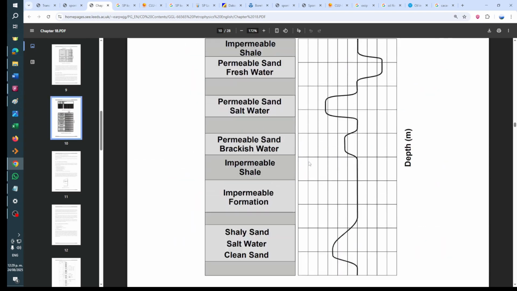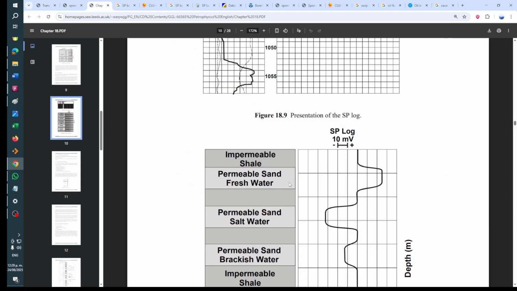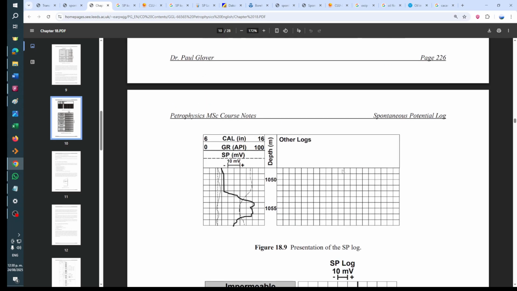And also here, if we have fresh water, then the ions will move and the direction of the flow will be in opposite directions, and then the current generated will be a positive potential instead of a negative one.